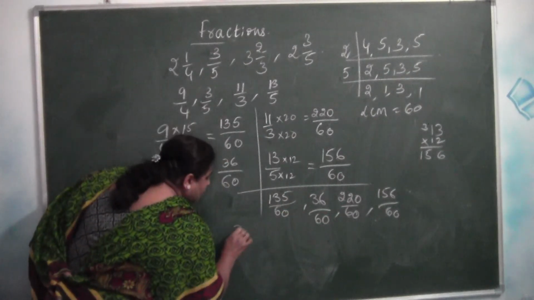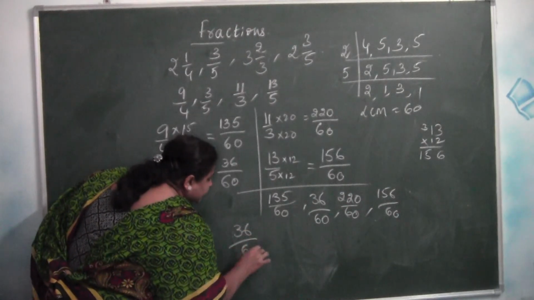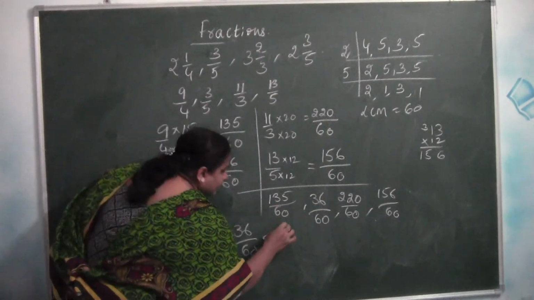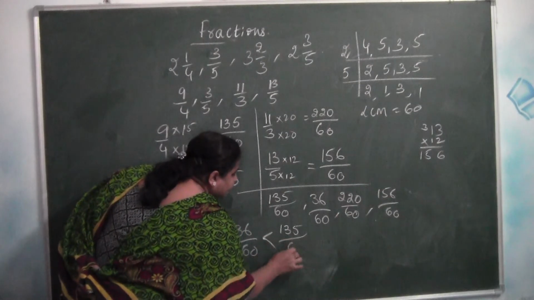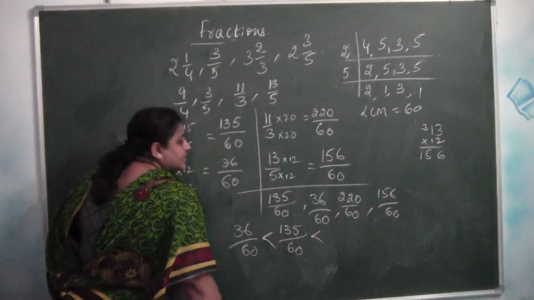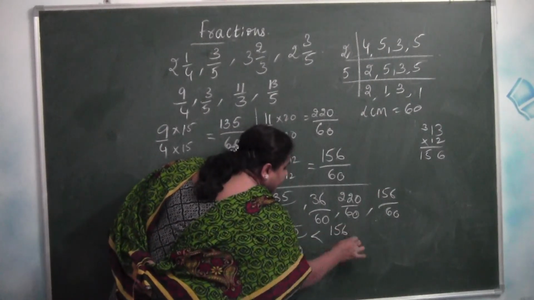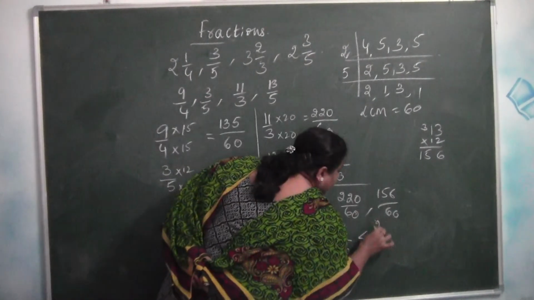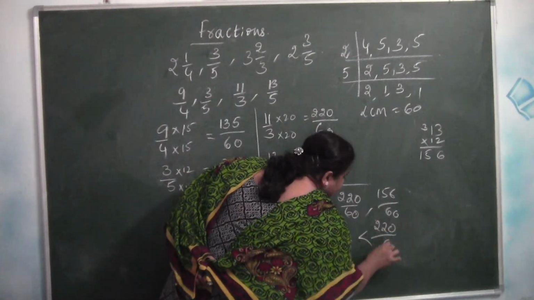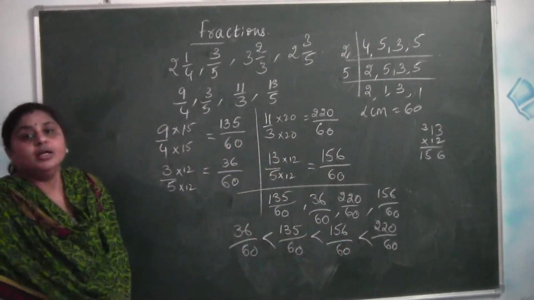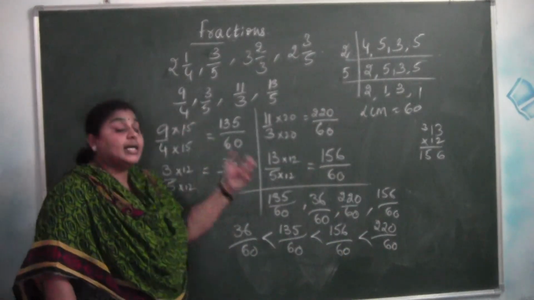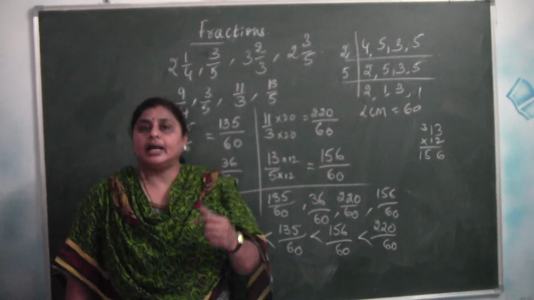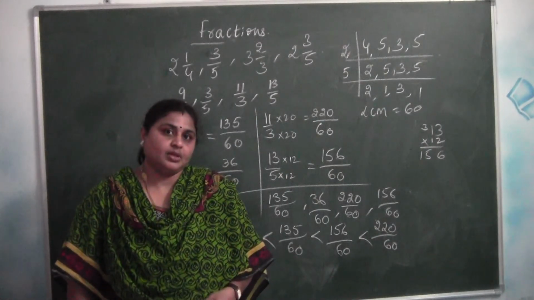Which is the smaller one? 36 by 60 is less than 135 by 60, is less than 156 by 60, less than 220 by 60. This is how you will compare the unlike fractions.